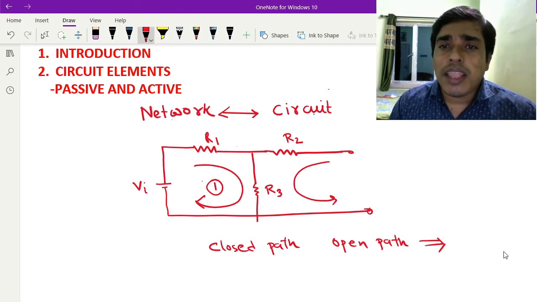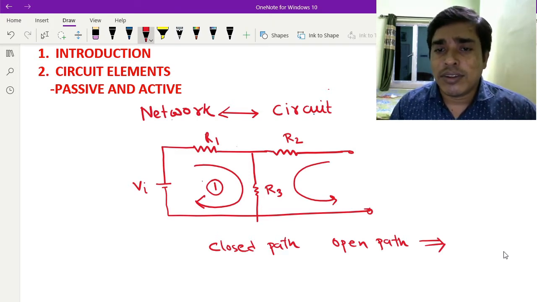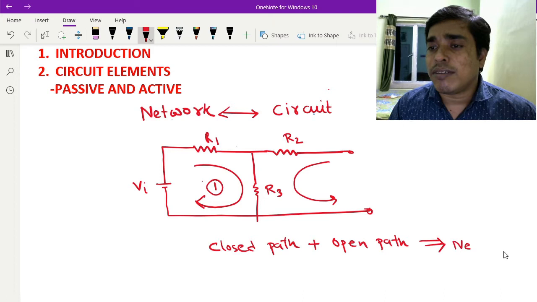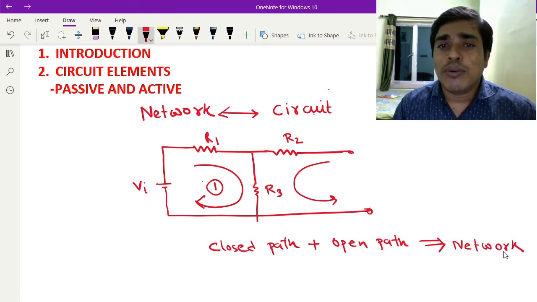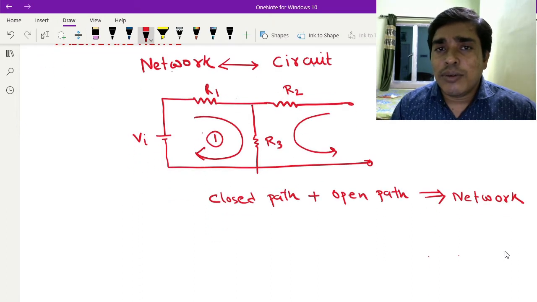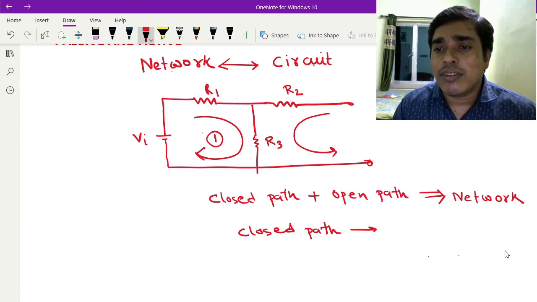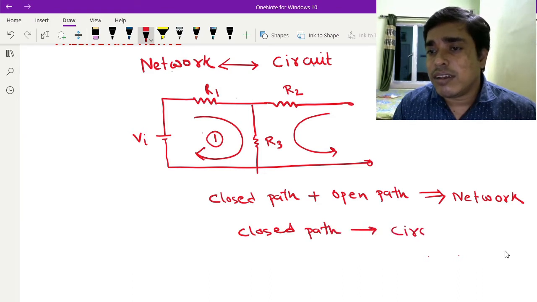When a diagram consists of both closed paths as well as open paths, it is called a network. When the network consists of only closed paths, then it is called a circuit.